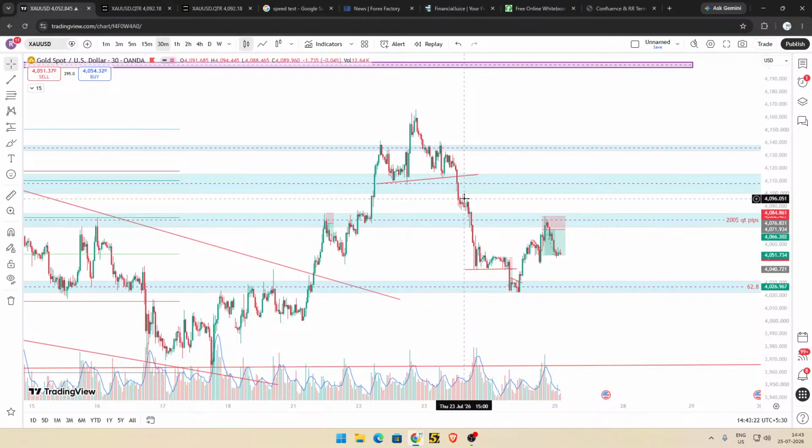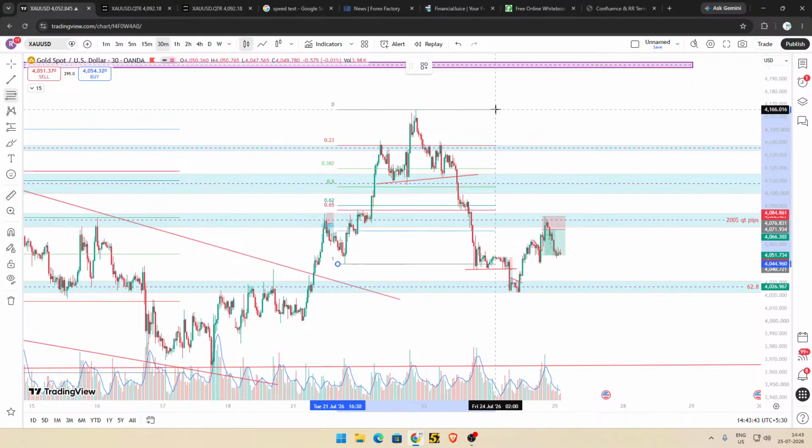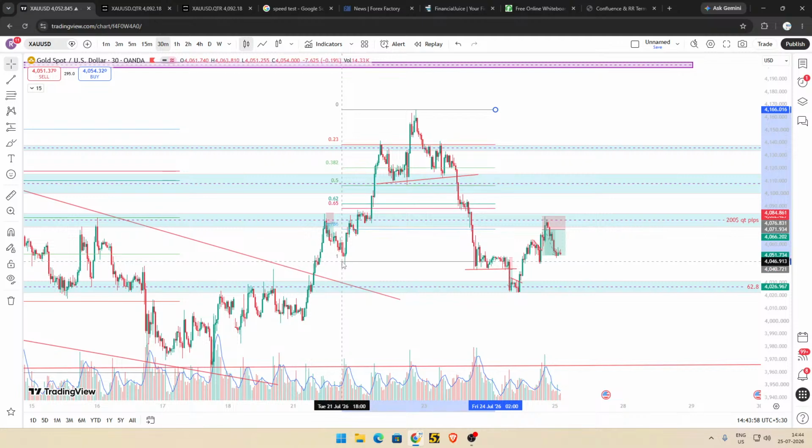In 3A, 3 point A and 3 point B, both are there. So four confluences were there, and also 2 point A and 2 point B are there. From top to bottom, it has penetrated my favorite Fibonacci, and from that swing to that swing, it has touched that area.